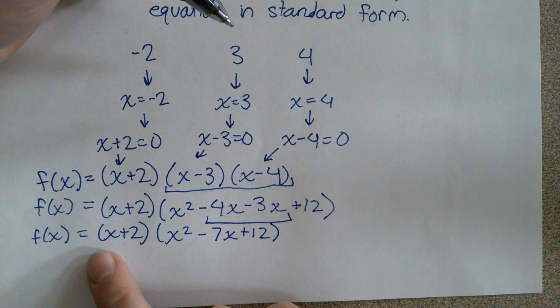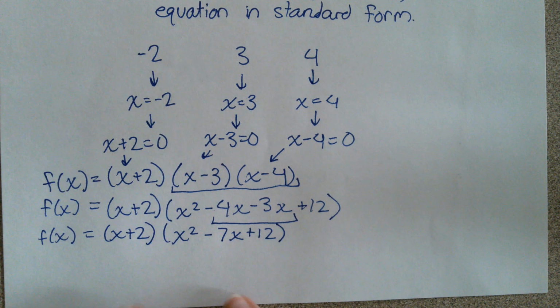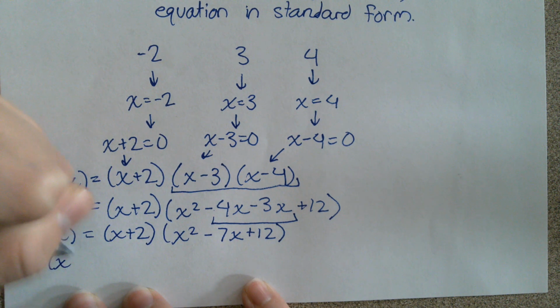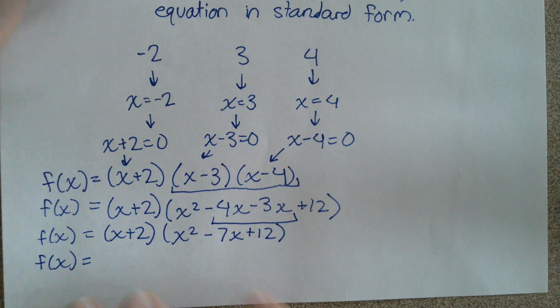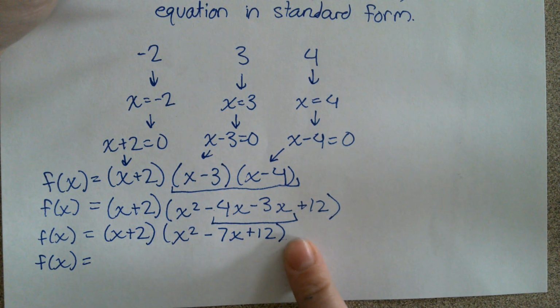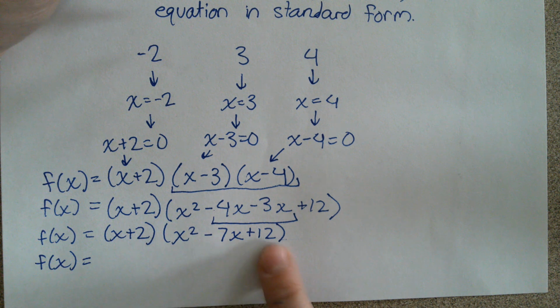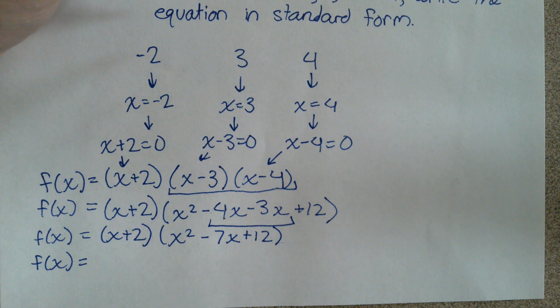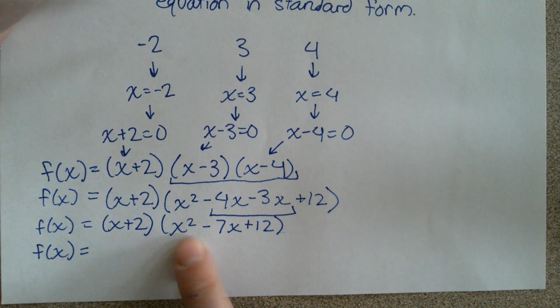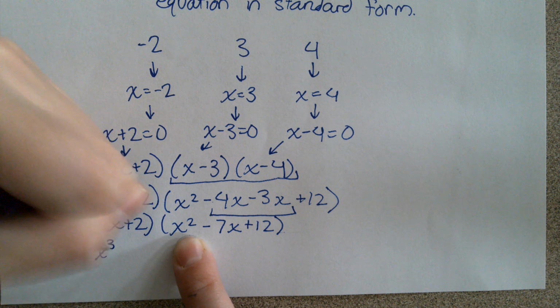Now I'm going to multiply the x plus 2 into here. When you do that, there's a few different ways you can go about it. I recommend multiply the x through completely, then multiply the 2. If you do that, then your terms are pretty much going to be in order where they should be, so when you're combining like terms at the end, it's going to be a bit easier. X times x squared is x cubed.